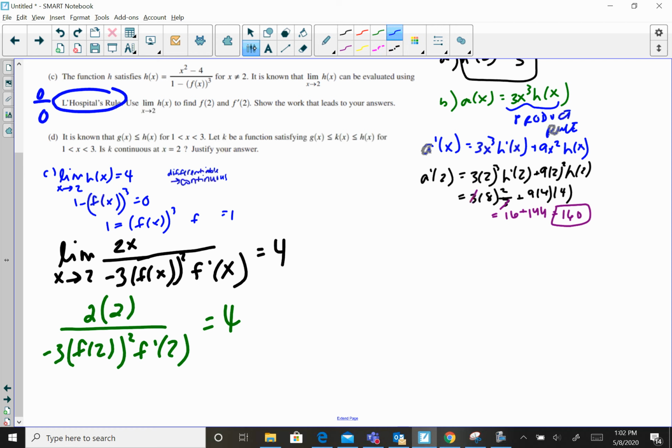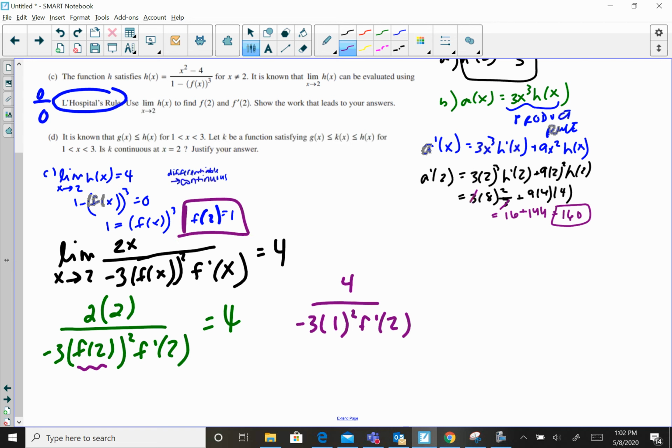I just made it a 1. f of 2 being 1, because that's what we were solving for, the limit when x is 2. So what I have here is 4 over negative 3, times f of 2, which is 1, squared, times f prime of 2. So that did help me. I knew I needed f of 2. That is equal to 4.